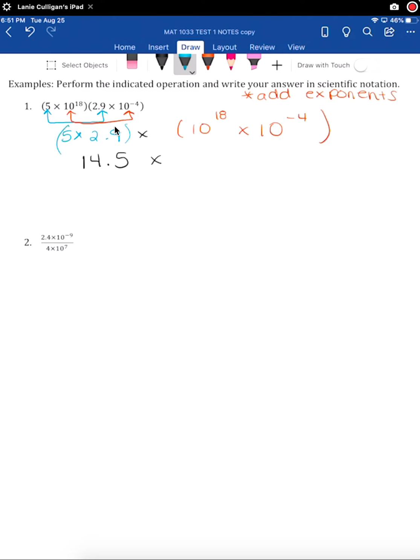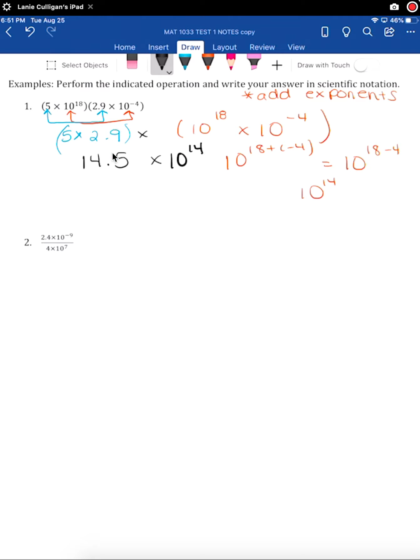So 10 to the 18 plus negative 4, which is the same thing as saying 10 to the 18 minus 4, which is 10 to the 14th power. So I have 14.5 times 10 to the 14th power.